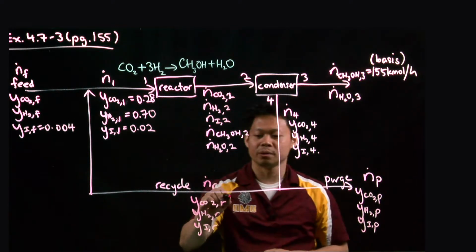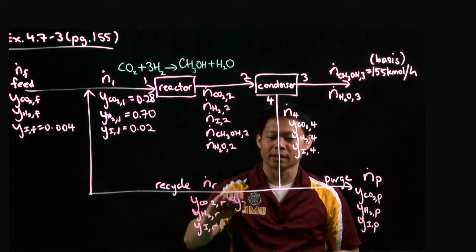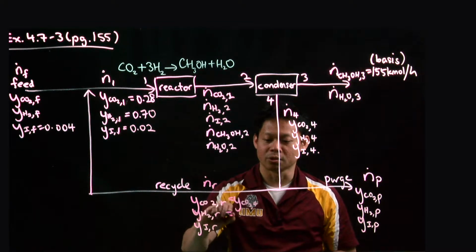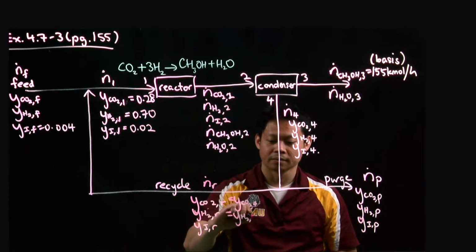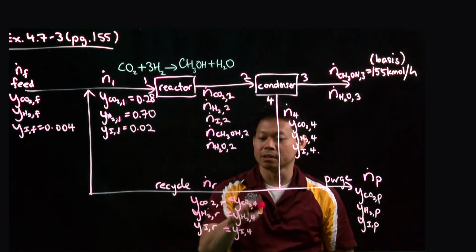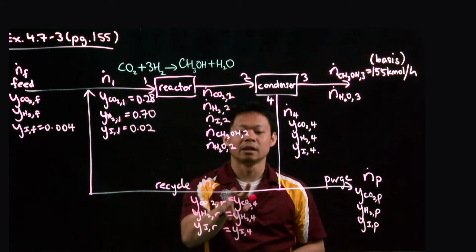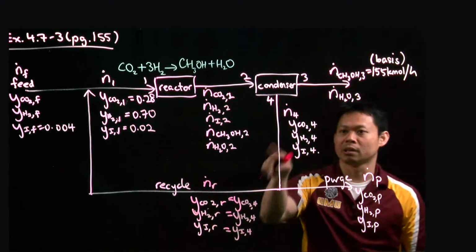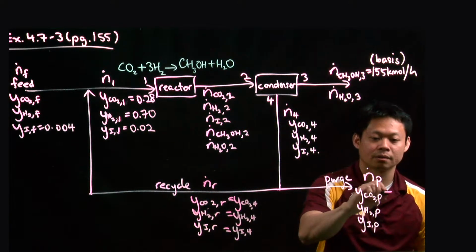So in general, what I do is I make sure to label that this is essentially equals to 4. And when I actually circle the unknowns, I circle these unknowns and not the ones for the recycle. So I'm not double counting or triple counting when I'm looking at these different streams.